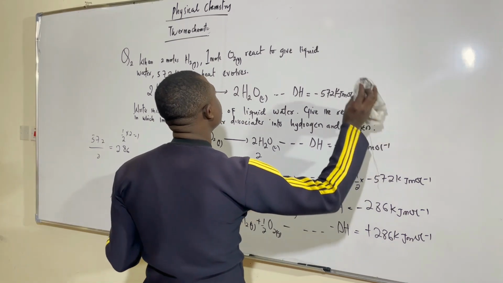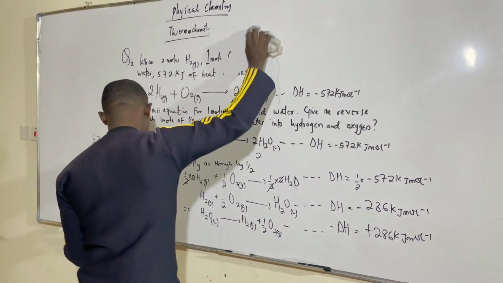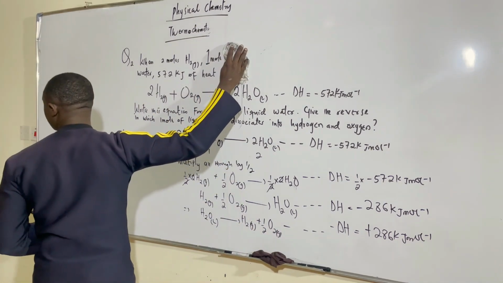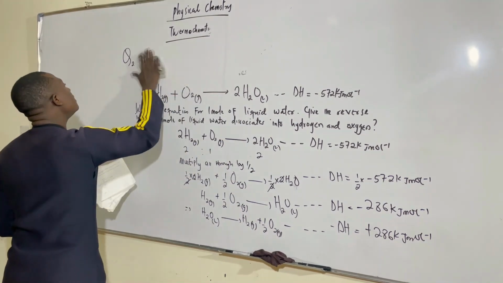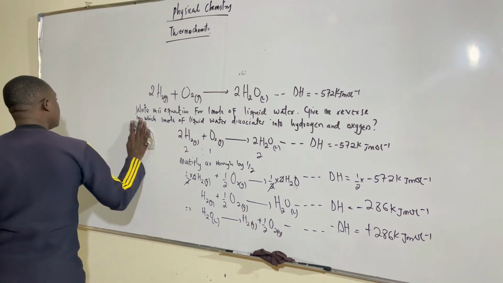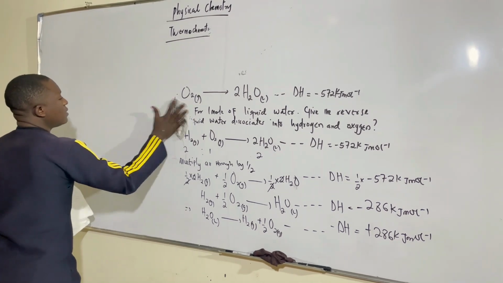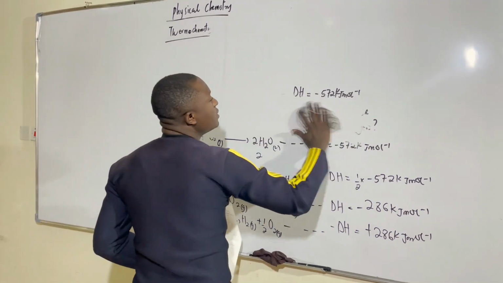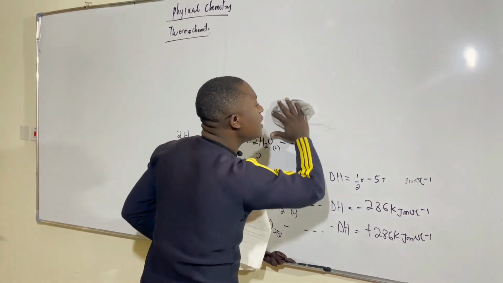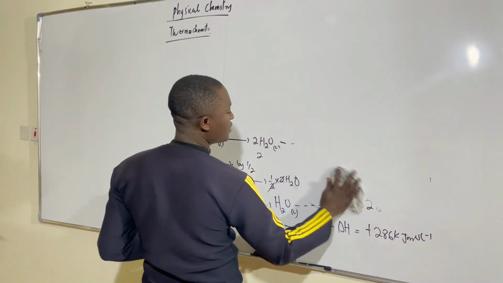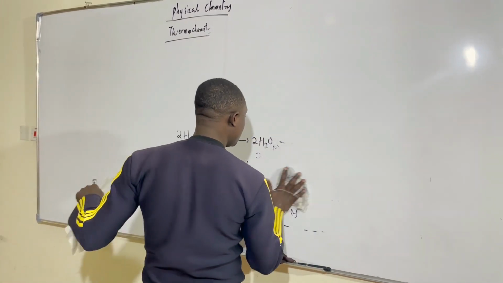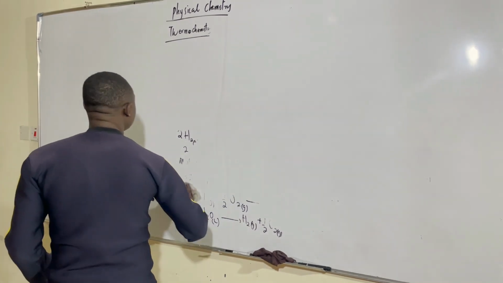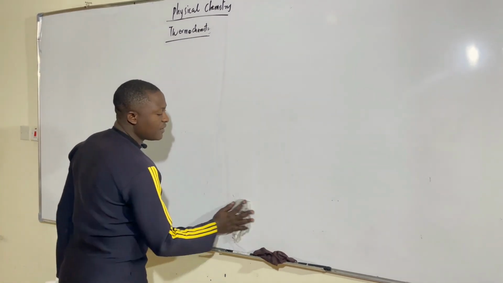So how to calculate that? It's just so simple. You just have to master the formulas. And we have already broken down the moles. I told you the moles, because the mole too has a lot of effects.